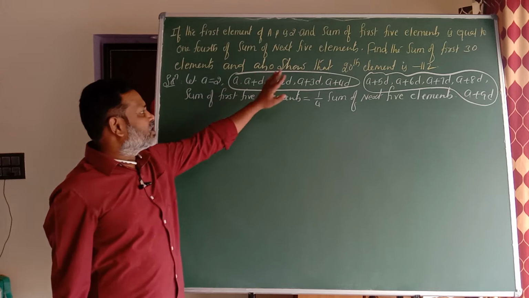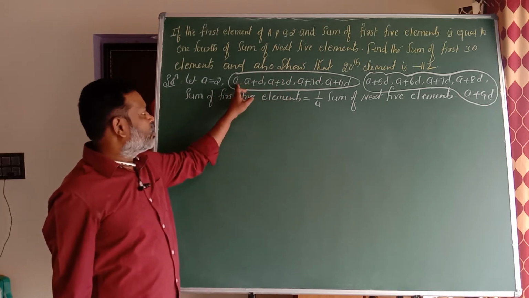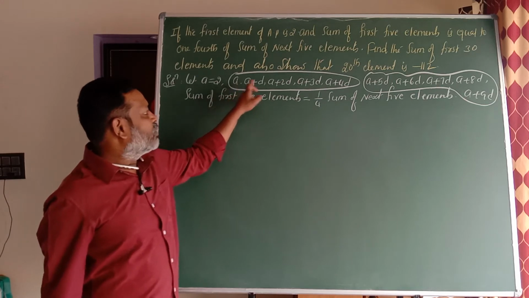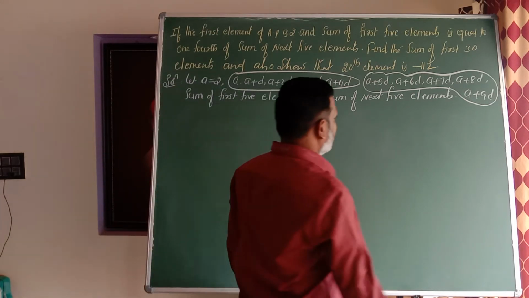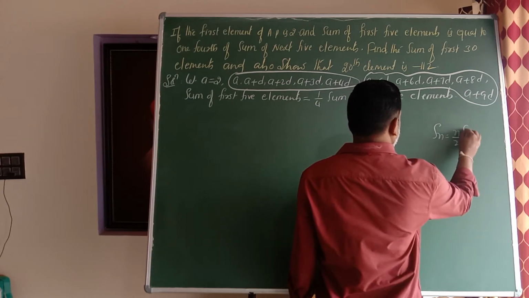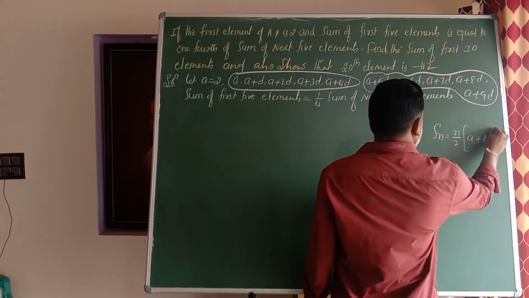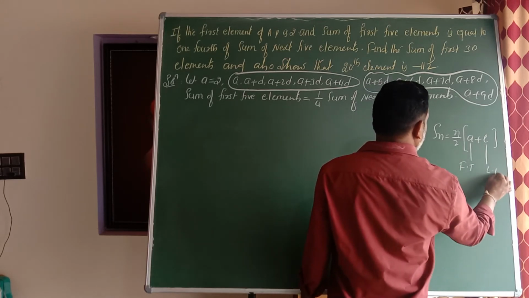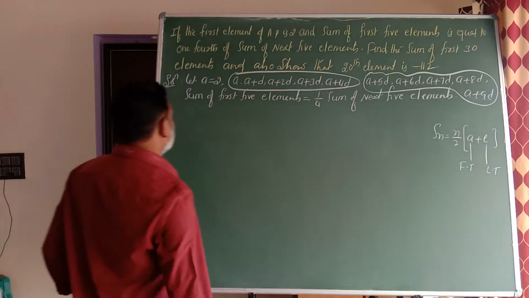Sum of the first 5 elements. Here we have 1, 2, 3, 4, 5. We have the first term and we have the last term. We can use a formula: Sn is equal to n by 2 into A plus L. Here A is nothing but first term and L is nothing but last term. I can apply the formula here.